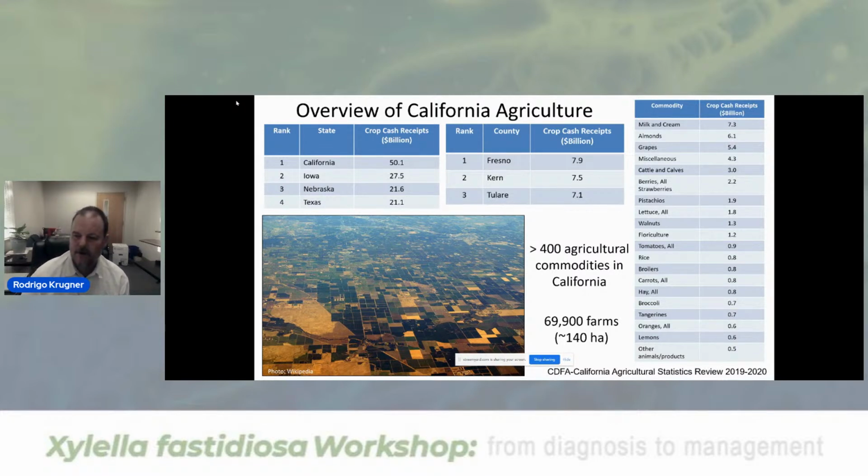Again, very small farms. Grapevines and almonds are the top two agricultural commodities, well, except for milk and cream. We do have a lot of dairy cows here in California, but almonds and grapes account for most of the cash receipts in terms of a return in the income.